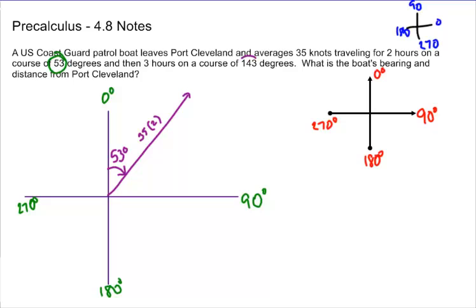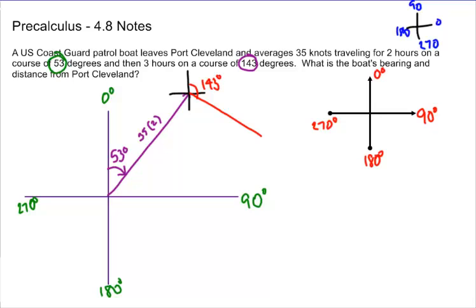And then we make our course change to 143 degrees. Again, I'm going to make a smaller bearing chart. 143 degrees is now in this fourth quadrant, because we make an angle with true north of 143 degrees.